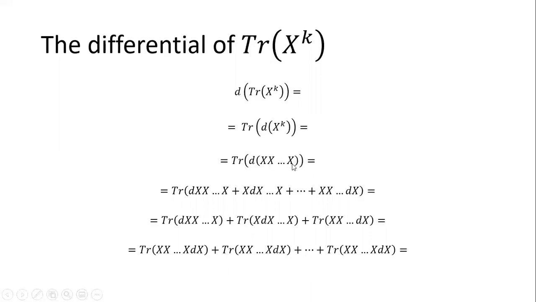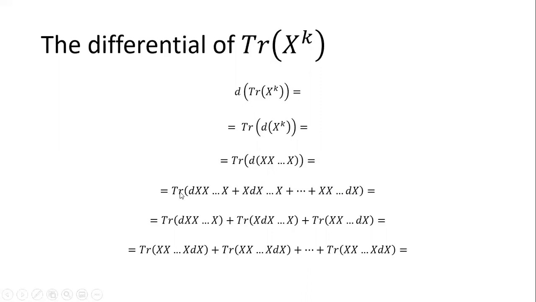We will use the rule of differential of multiplications and get that this is the same as the trace of the differential of x multiplied by x, k minus 1 times, plus x multiplied by the differential of x multiplied by x, k minus 2 times, and so on until the last element of the sum is x multiplied by x, k minus 1 times, multiplied by the differential of x.